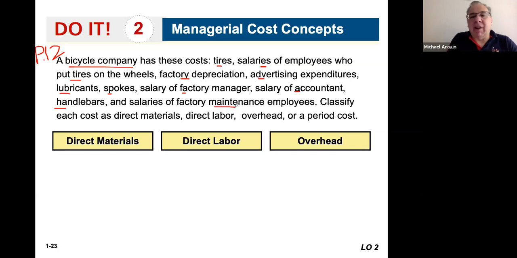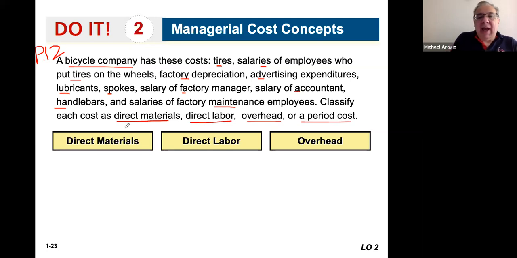They want you to classify these as either a direct material cost, a direct labor cost, manufacturing overhead, or if it doesn't fit into these, which are product costs, it would be a period cost.